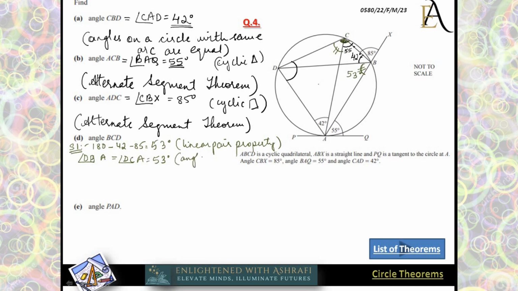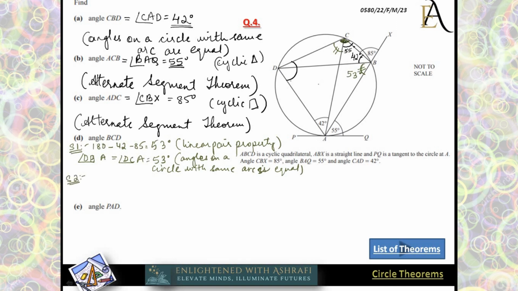Again, angles on a circle with same arcs are equal. So this is what we got.